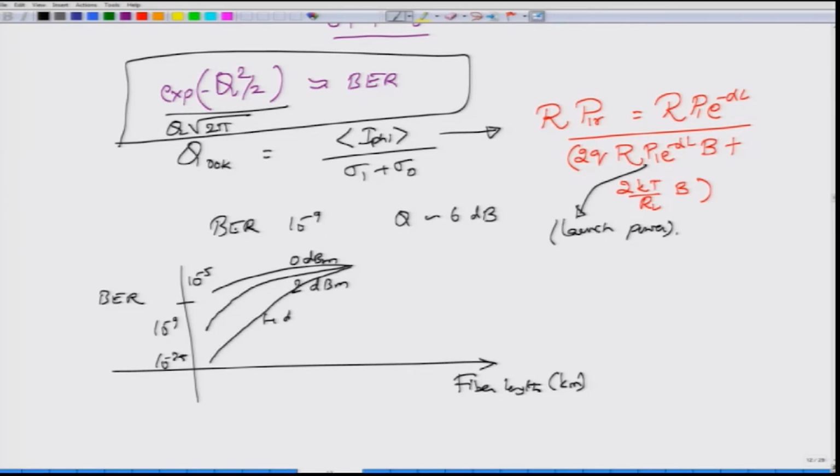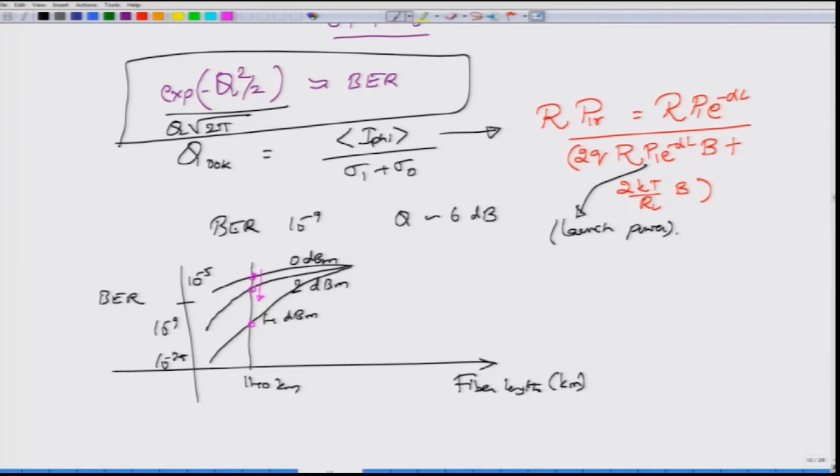This would happen for a 4 dBm system. If you look at this particular line which I have drawn, this is for 140 kilometer, according to the calculations for the system values that we did. So, you see that the BER increases as you reduce the optical power. On the other hand, if you increase the optical power, the BER of the system starts to decrease.